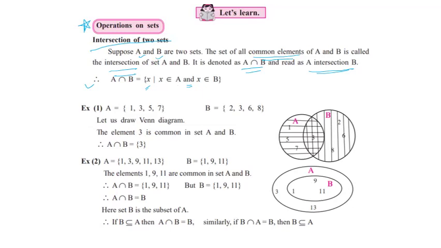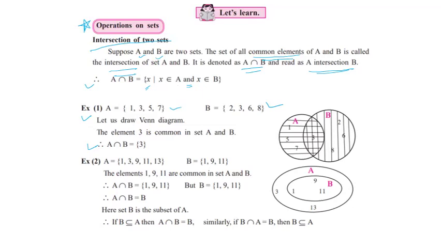Now we will consider some solved examples. First example: two sets A and B are given and you have to find A intersection B. We just learned A intersection B contains the common elements of both sets. Now we are going to find the common elements.